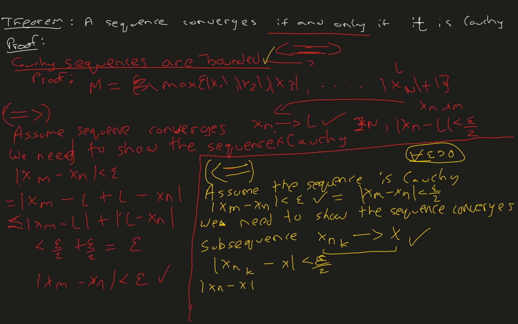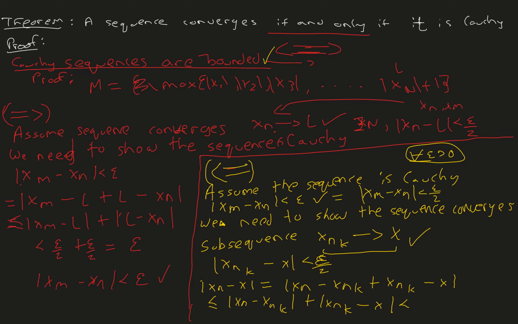So I'm going to write xn minus x as xn minus xnk plus xnk minus x, and this is less than or equal to xn minus xnk plus xnk minus x.